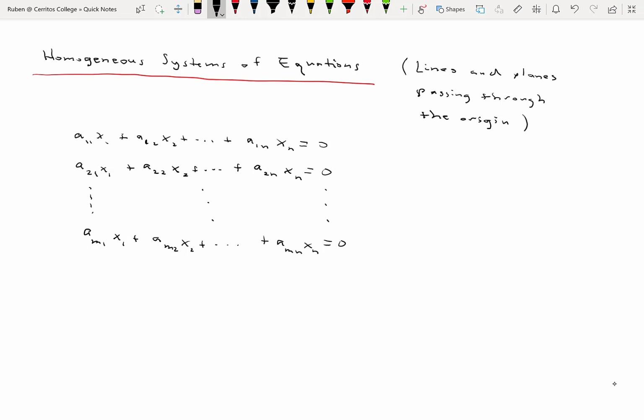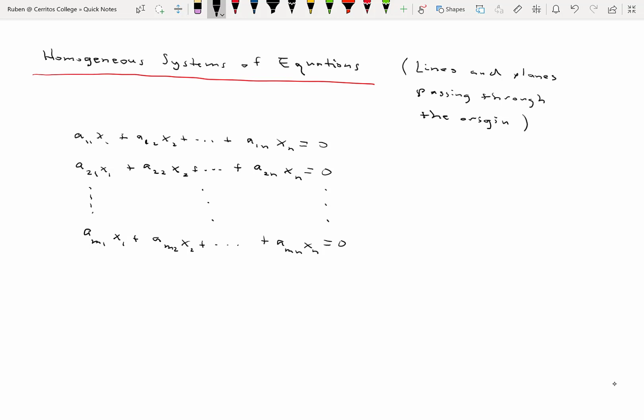The geometry of these systems of equations where the constants in the system are zero is that they represent lines in R2 or planes in R3 that pass through the origin. You notice that if the constants are all zero, then x1, x2, all the way up to xn equaling zero will work.